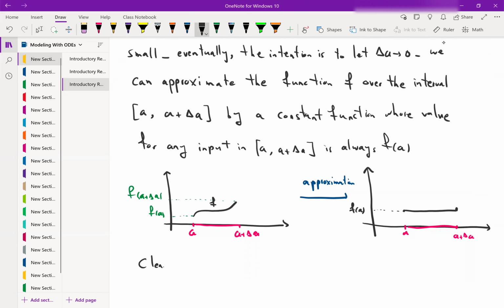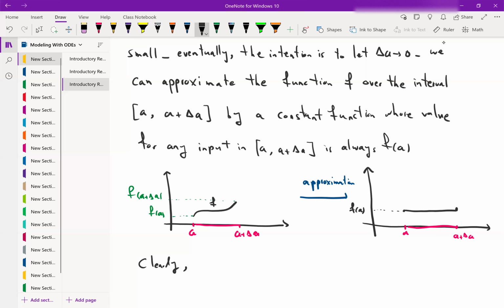Remember the way you define the integral, for example, in calculus 1 or calculus 2. You had these partitions, and ultimately you made sure that the length of each interval in your partition was going to 0 to make your approximation better and better.